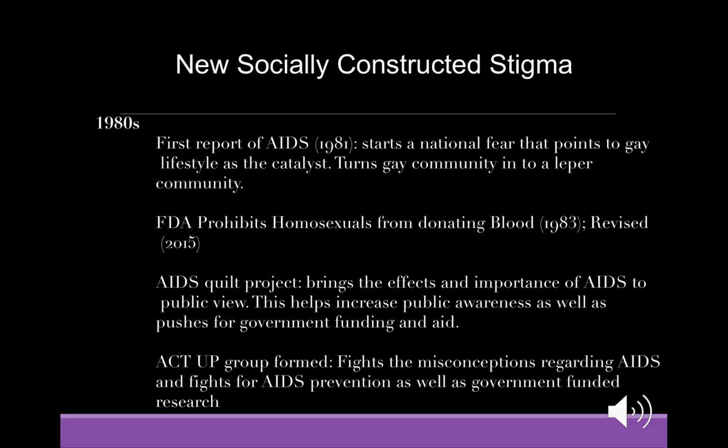And ACT UP, a group formed, fights the misconceptions regarding AIDS and fights for AIDS prevention as well as government funding. Because in the 1980s, our president, Ronald Reagan, refused to even acknowledge the disease or the word AIDS up until about the 5th year of his presidency.